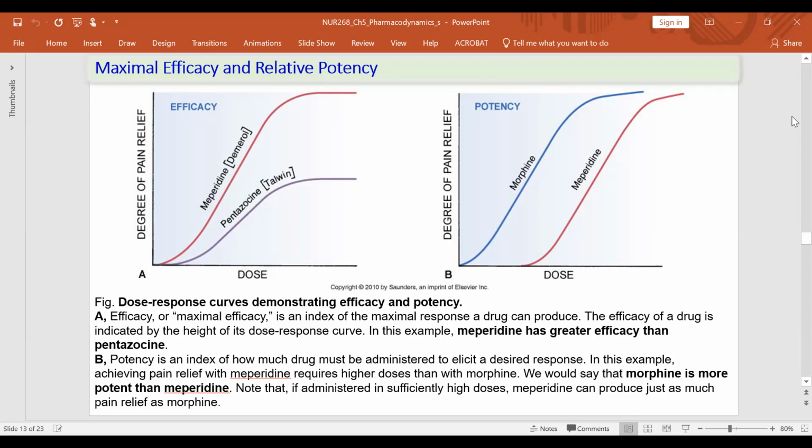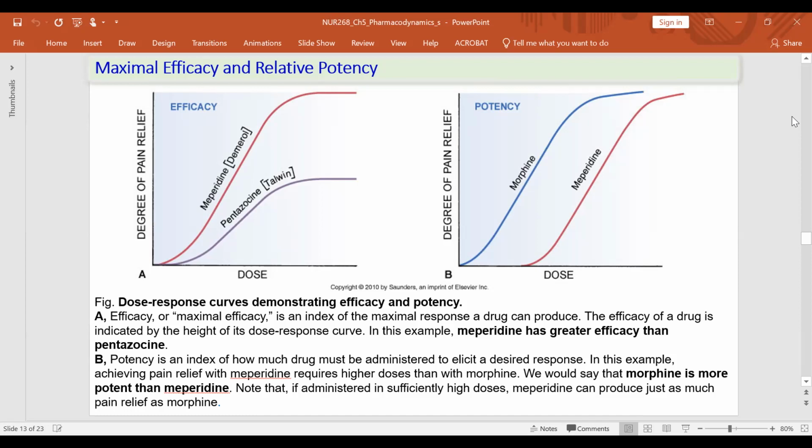So a large amount of meperidine is needed to reach the same potency level as morphine.